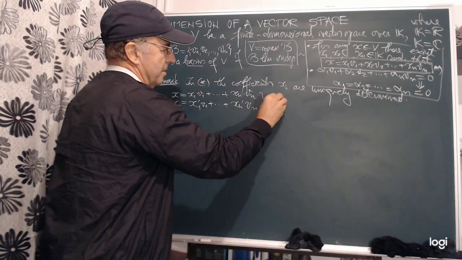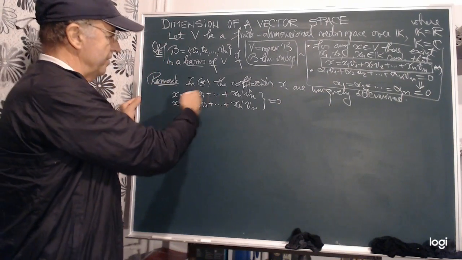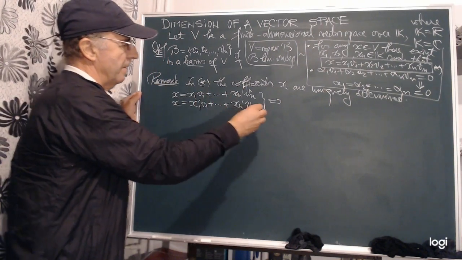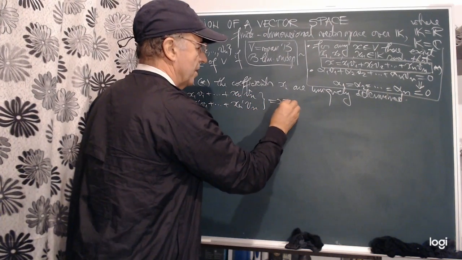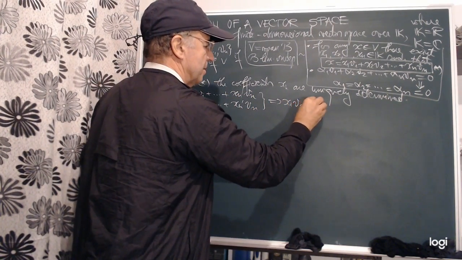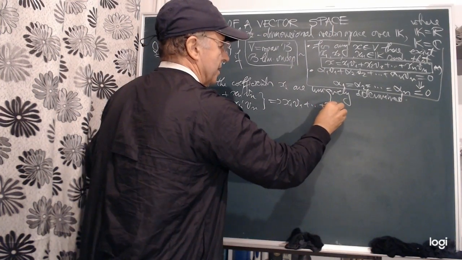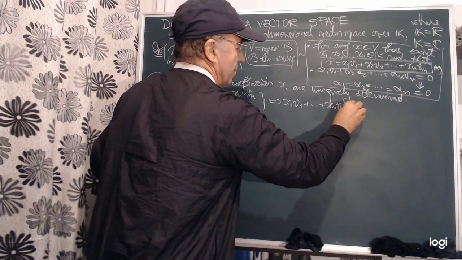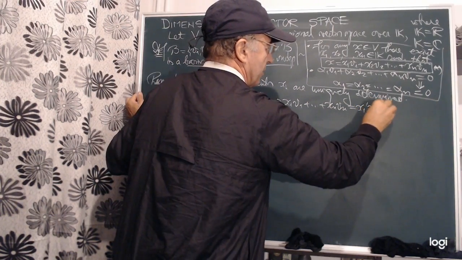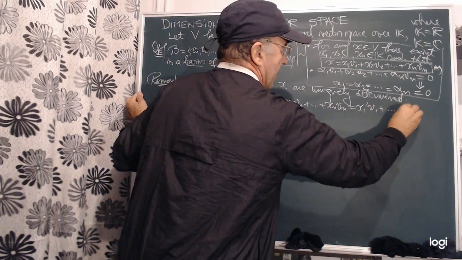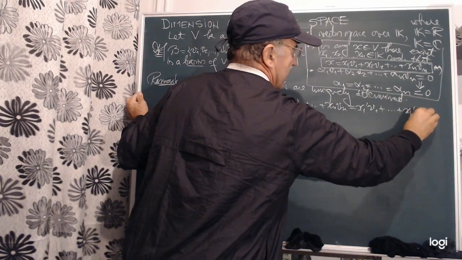From these relations, we get that x1 v1 plus so on plus xn vn equals x1 prime v1 plus so on plus xn prime vn.